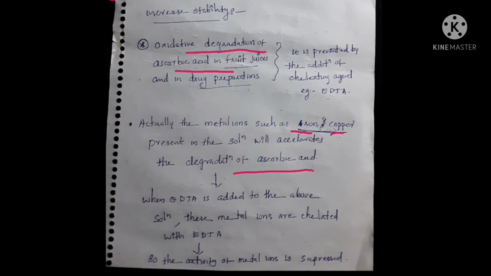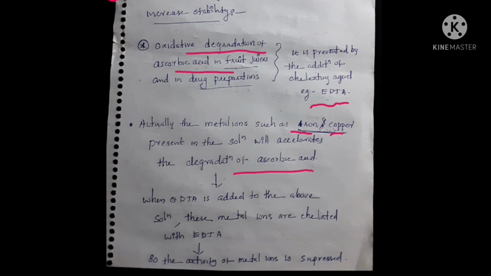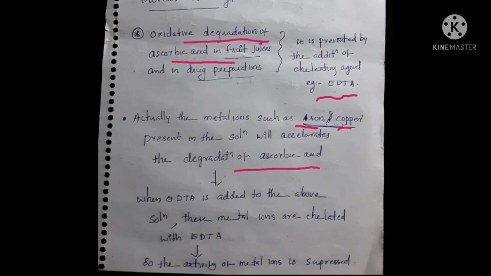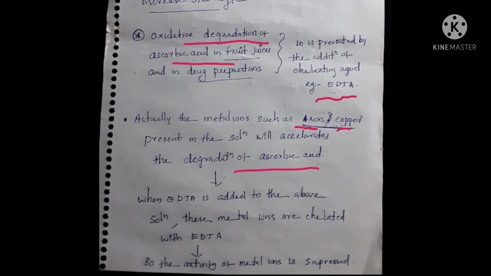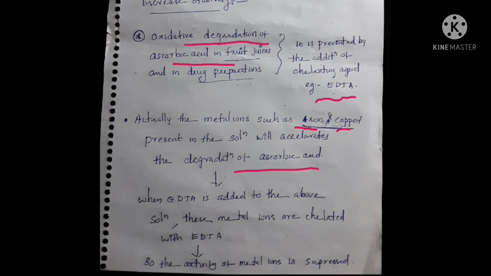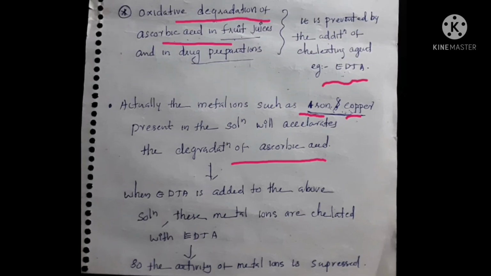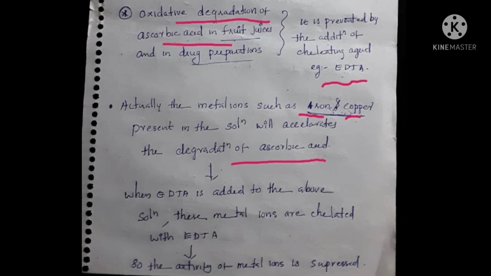When EDTA is added to the preparation, it chelates with the metal ion, so the action of the metal ion is suppressed by the EDTA metal complex. Like this, we can prevent the oxidative degradation of ascorbic acid. This is one of the important applications of chelates.